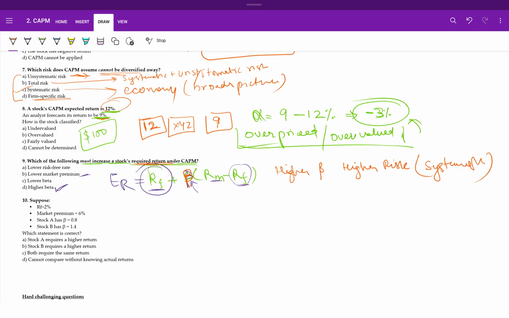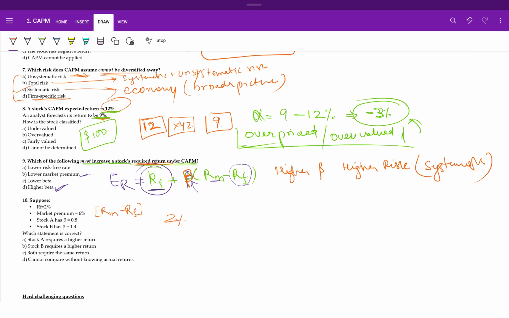And the last question of these 10 questions, easy to hard. Suppose the risk-free rate is 2% and the market premium is, okay, understand this. Market premium means RM minus RF.